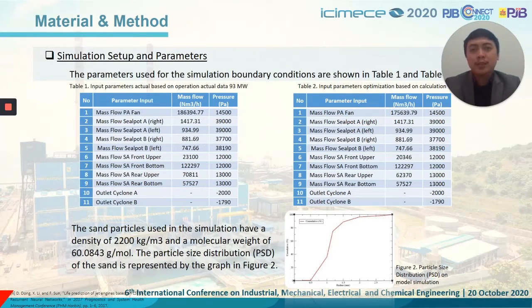Gas viscosity and density also affect cross-phase drag values, which in turn have an impact on the velocity profile and particle distribution in simulation. The sand particles used in the simulation have a density of 2200 kg per cubic meter and a molecular weight of around 60 gram per mole. The particle size distribution of the sand is represented by the graph in figure 2.